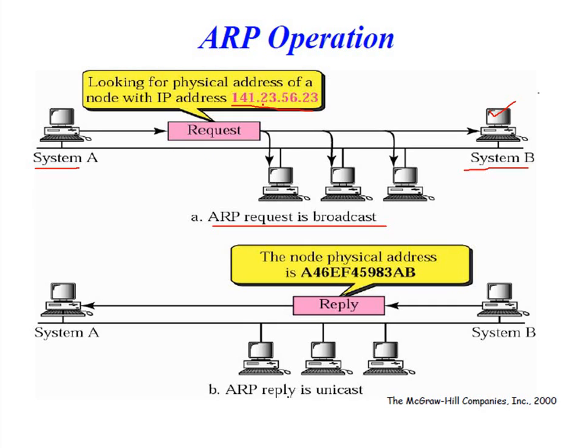Now what will happen? Since this IP belongs to device B, B will understand it, and B will replace that address of the receiver by its physical address and simply reply to A. Now you can see that the arrows are there for each and every machine, but here there is an arrow from B to A only.